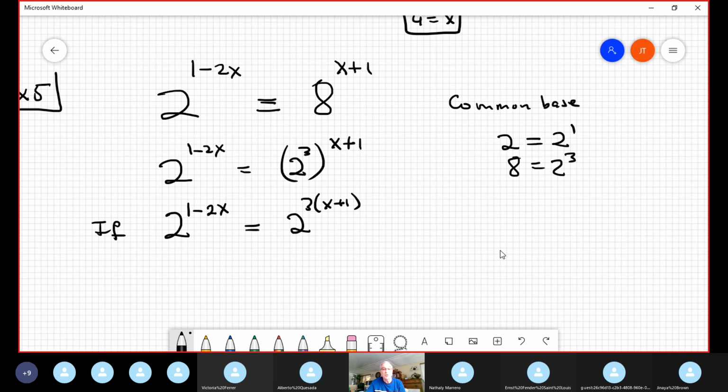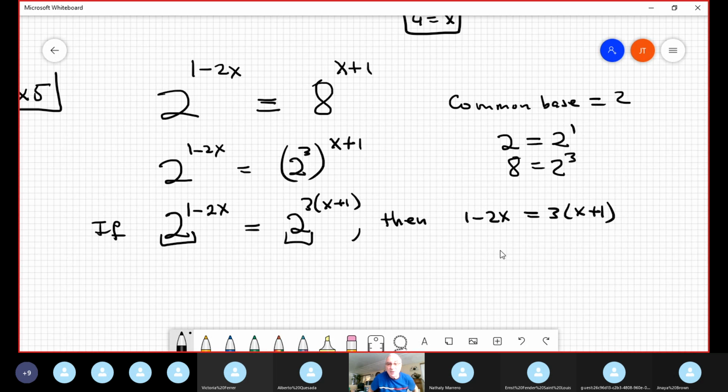If we have two exponential functions and the base is the same, because I created an artificially common base 2, then the exponents are the same. 1 minus 2x is equal to 3 times x plus 1. Wow, it's amazing. Okay, I destroyed the exponential equation. I converted it to a linear equation. And the rest is super easy. Apply the distributive property. 1 minus 2x is equal to 3x plus 3.